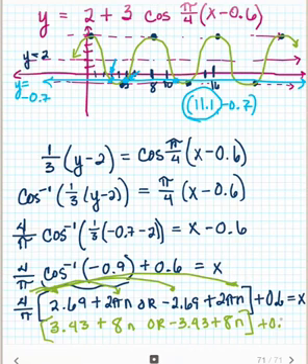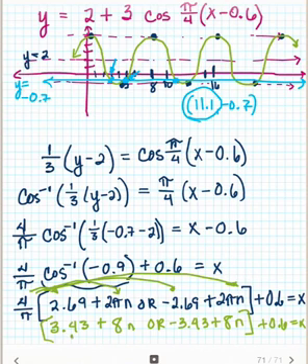Plus 0.6 equals x. All right, so now we're going to subtract 0.6 from both sides, from both disjuncts, really, and we're going to get 3.43, not subtract, we're going to add, sorry, 3.43 plus 0.6, right?